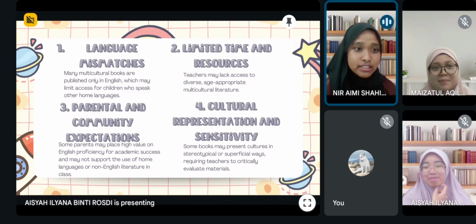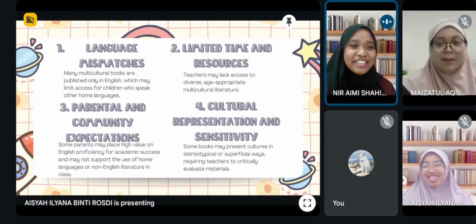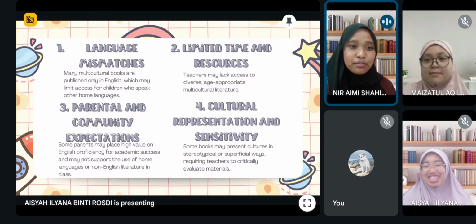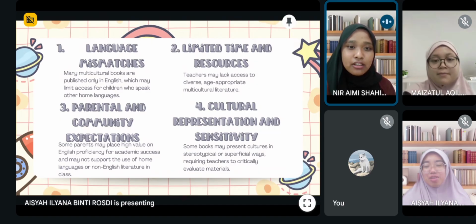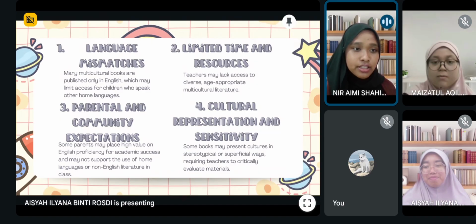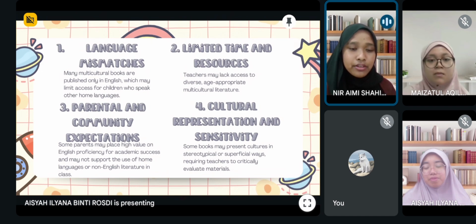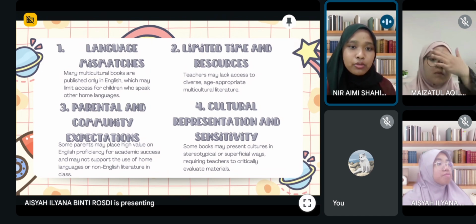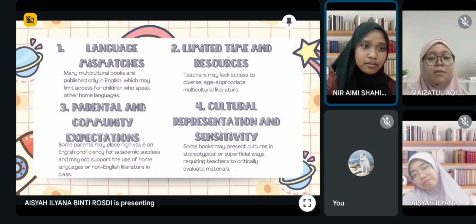The second issue is limited access to resources and planning time. Interactive read aloud sessions with multicultural texts require thoughtful planning. Teachers need time to select appropriate stories, pre-read them, prepare questions, and align them with learning goals.